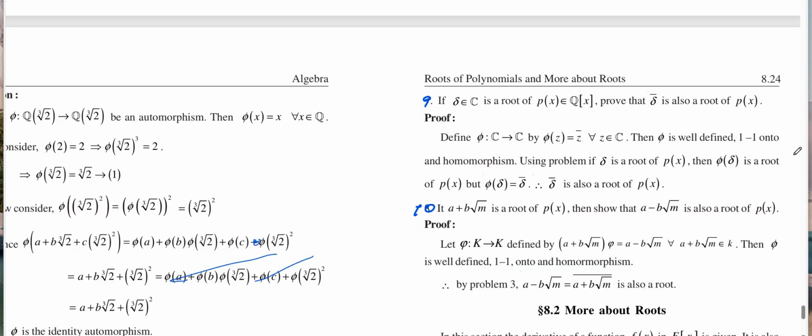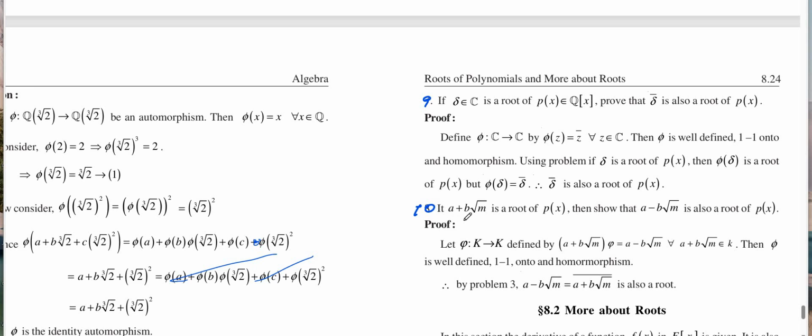This is a one to one onto homomorphism. Whenever delta is a root, phi of delta is also a root of whatever polynomial you consider. But phi of delta is delta conjugate. Therefore, whenever delta is a root, delta conjugate is also a root of this polynomial. So complex roots always occur in pairs.